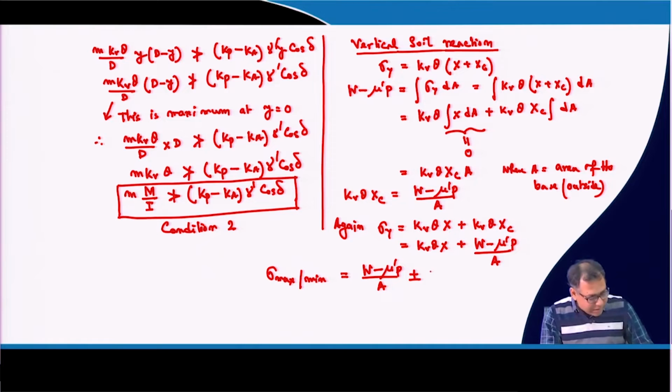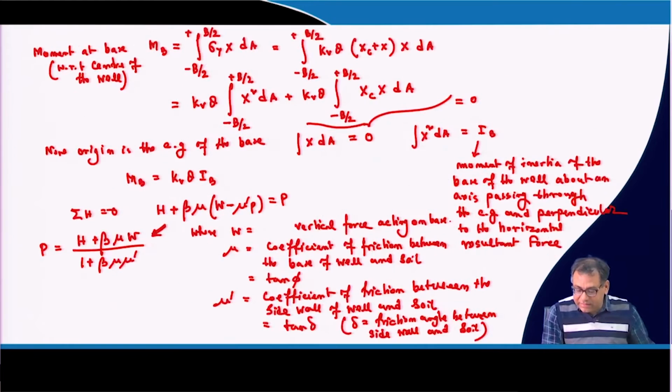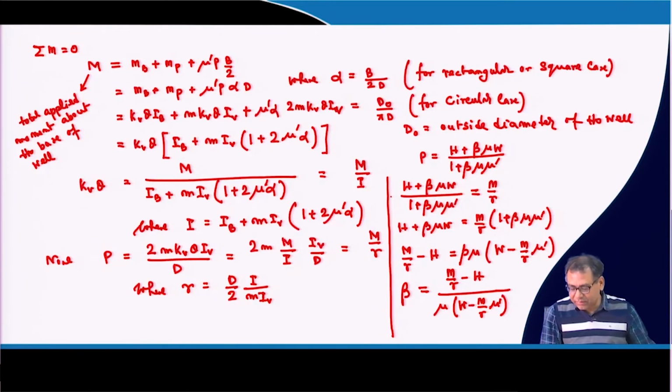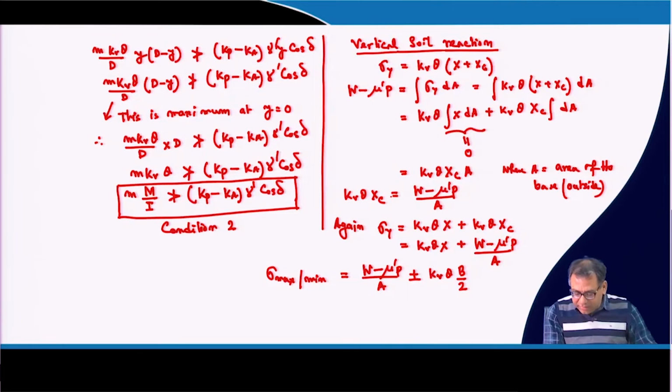Now, b by 2 where will I write? I will write this in k v theta; in place of x I will write plus minus b by 2, because x is the distance from the center. We can see that x is at a distance from the center. So, I can write plus minus b by 2.